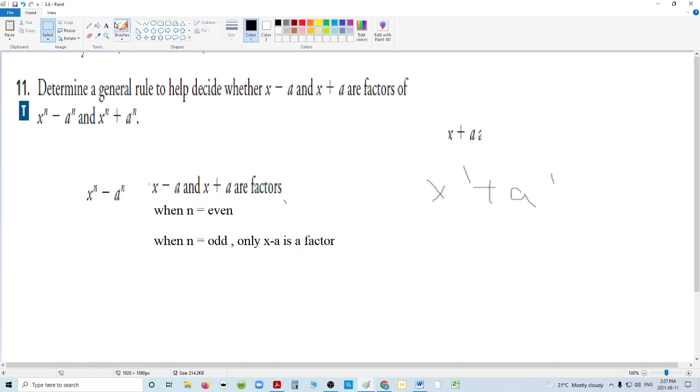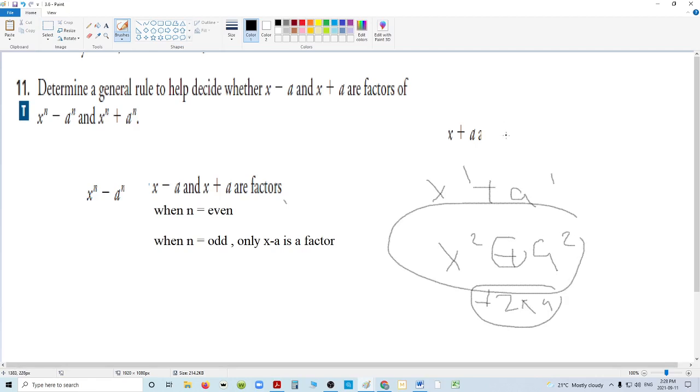When it's x to the 2 plus a to the 2, that's not factorable at all. We're missing the plus 2xa in the middle. It's not factorable.